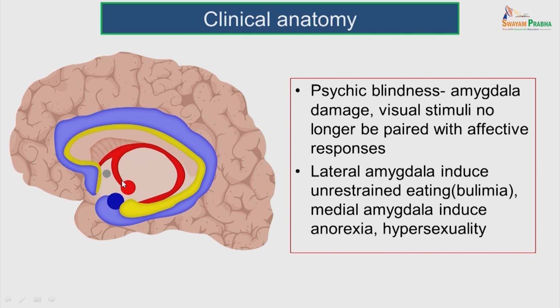They can see the object, but they are not able to identify it. And if the lateral amygdaloid is induced, then there is unrestrained eating, that is called bulimia. And if the medial part of the amygdaloid is induced, it induces anorexia and hypersexuality.